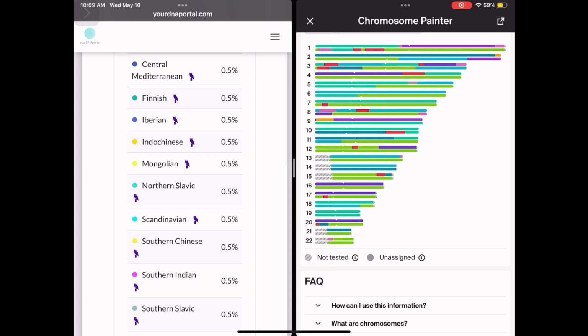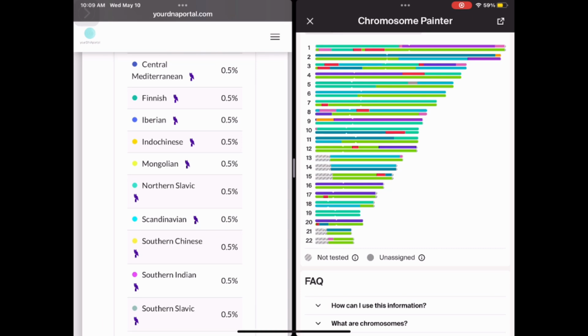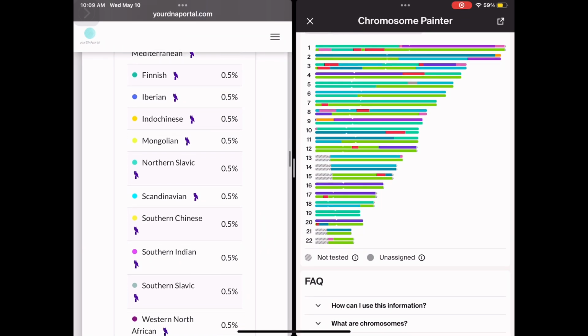The in-depth origins show the following at 0.5%. Central Mediterranean, Finnish, Iberian, Indo-Chinese, Mongolian, Northern Slavic, Scandinavian, Southern Chinese, Southern Indian, Southern Slavic, and Western North African.